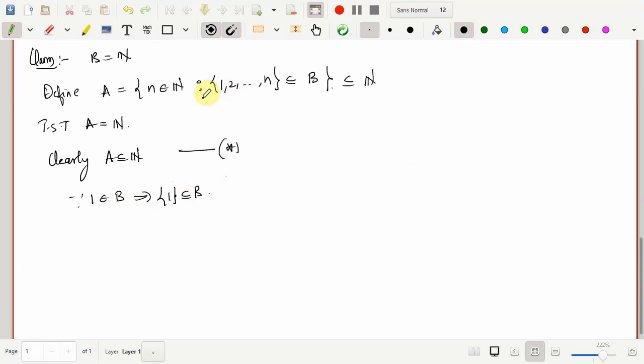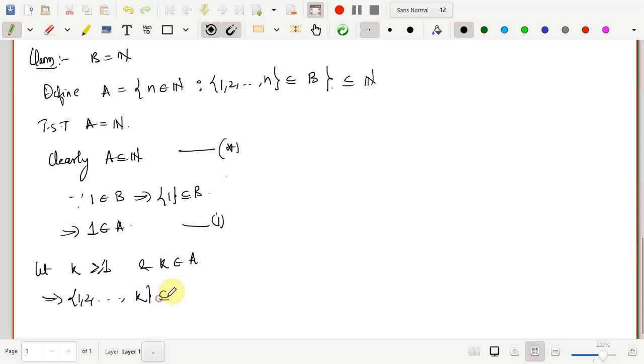Now secondly, we need to assume let k be greater than 1 and k belongs to A. We need to show that k plus 1 also belongs to A. Once you say that k is in A, the set {1, 2, ..., k} is a subset of B, as per the definition of A. A is the collection of all n such that the elements from 1 to n form a subset of B. So if k is in A, obviously {1, 2, ..., k} will be a part of B, and this will definitely imply from our assumption, that whenever {1, 2, ..., k} is a subset of B, k plus 1 is in B. B is a set that satisfies these two conditions, so k plus 1 is in B.